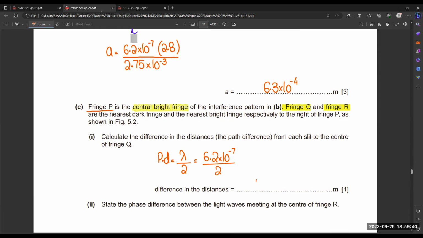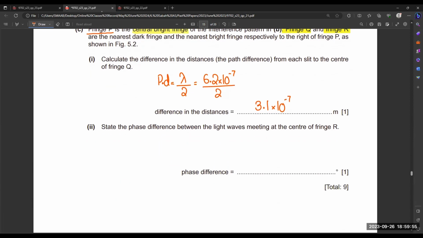So final answer, 3.1 exponent minus 7, right? And finally, the phase difference.